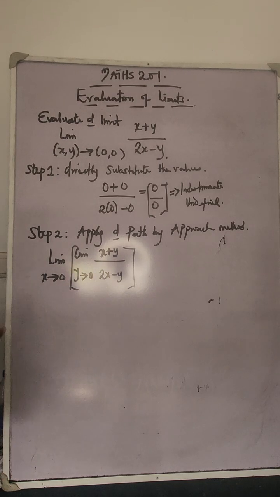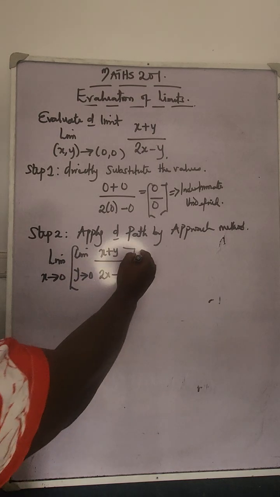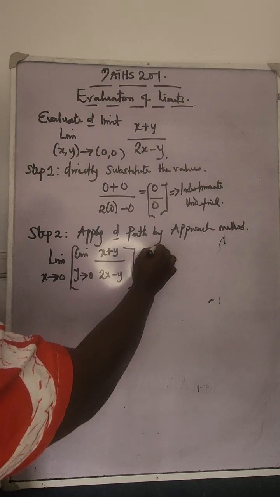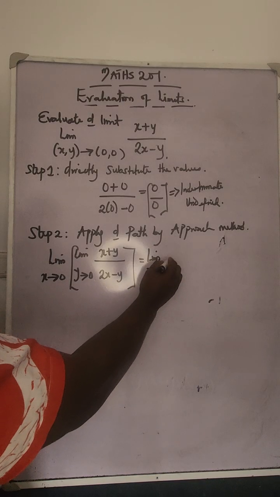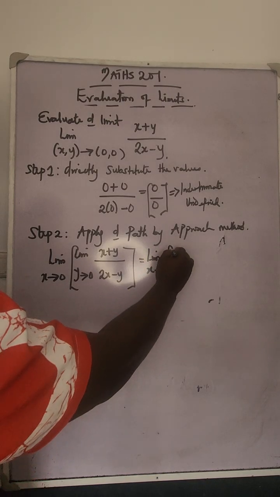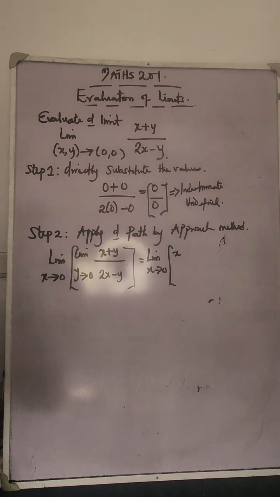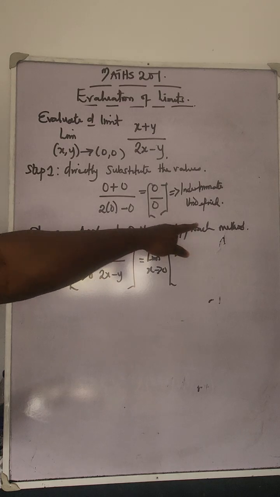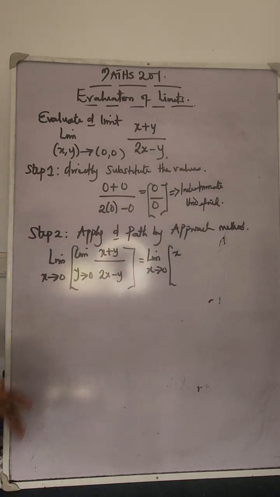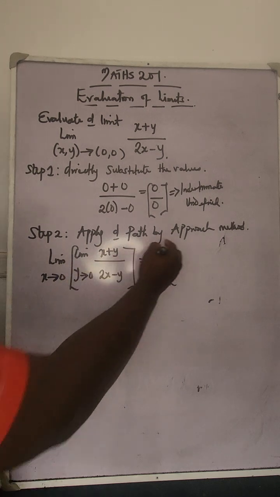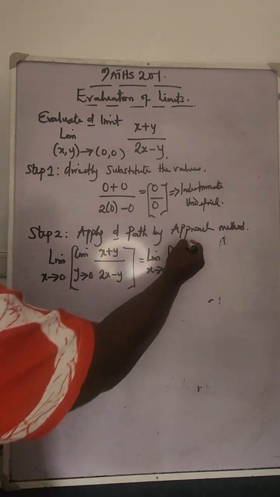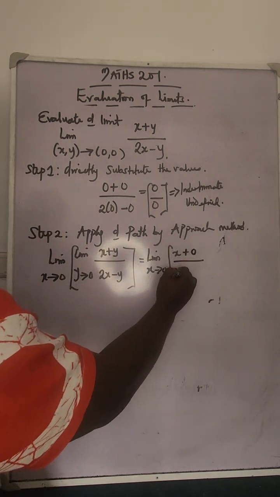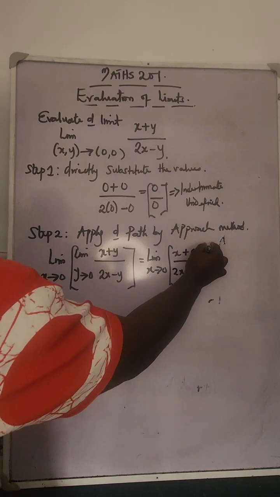So we are testing for y first. That's why I say path by approach. This person goes in first before this person. So we said x plus 0 over 2x minus 0.